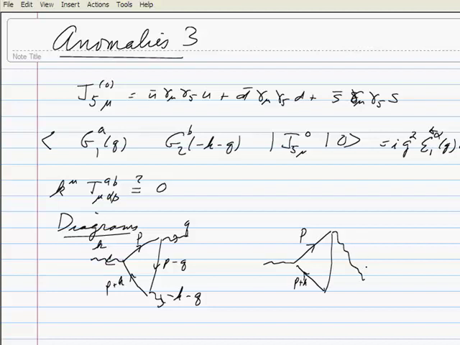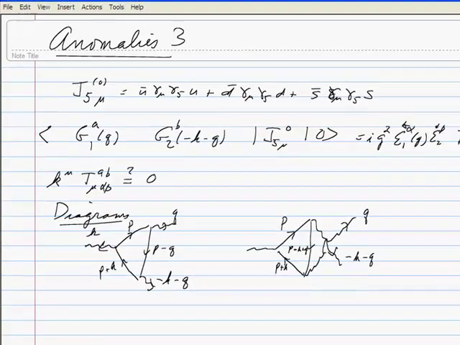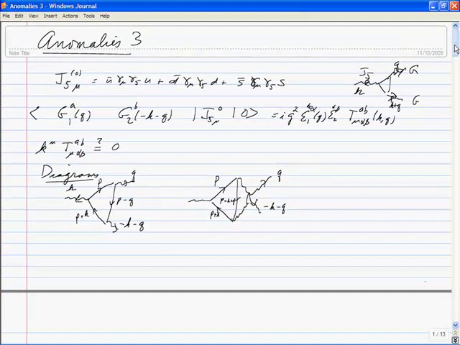But in this case, this guy comes out with minus K minus Q, and this guy over here comes out with Q. So the momentum there is then P plus K plus Q. Okay, and I guess I can skip writing out the Feynman rules for that. If you want, I can do it.